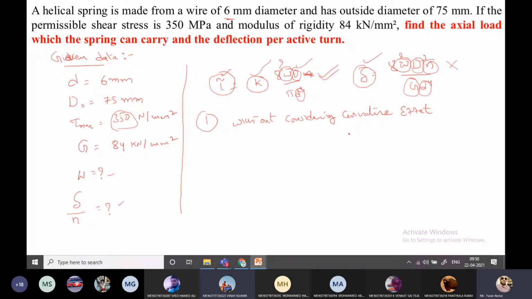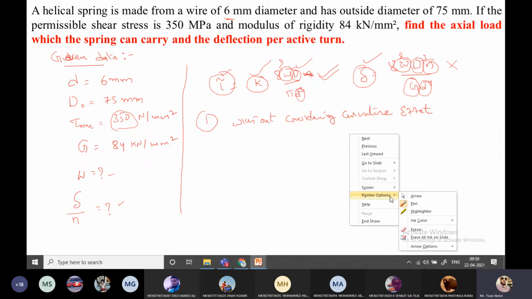Okay, making it thicker a little bit. Do you know any technique to increase the thickness?